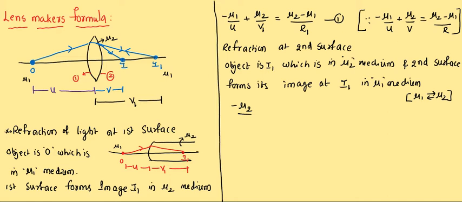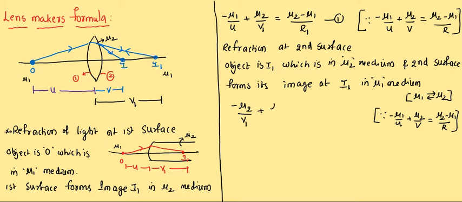We have the formula minus Nu1 by U plus Nu2 by V is equal to Nu2 minus Nu1 by R, where R is the radius of curvature and U is the object distance. Object is in Nu2 medium, so Nu2 in the numerator. Object distance is the I1 distance, that is V1, so U is replaced with V1.